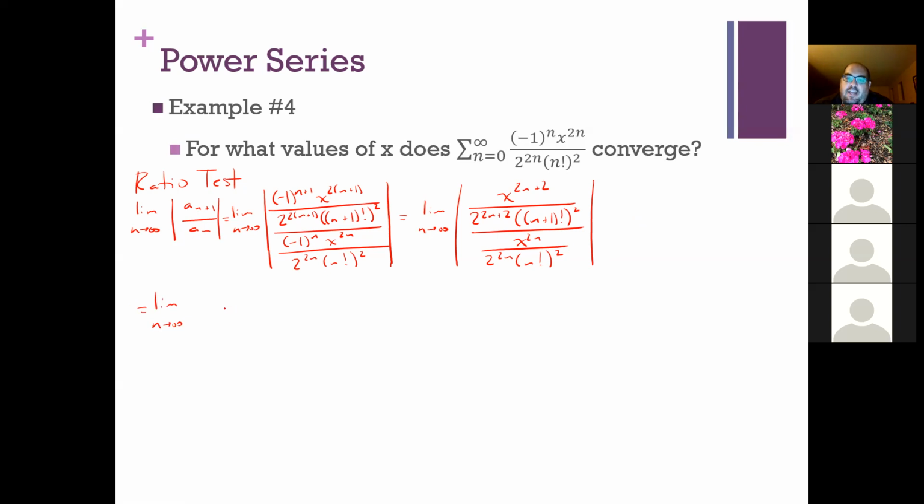Since we've done that a few times, here's something I'm going to do. I'm going to put something down and you let me know if this needs more clarification. X squared over 2 squared, and I'll leave the factorials alone for now. Just do one piece at a time.